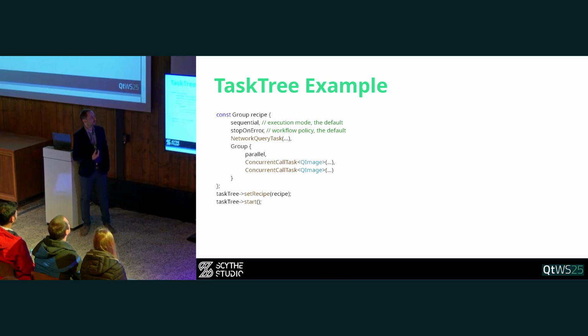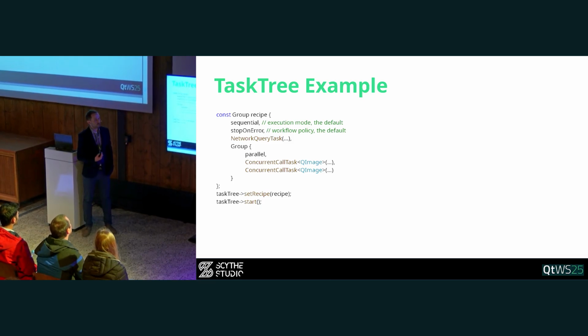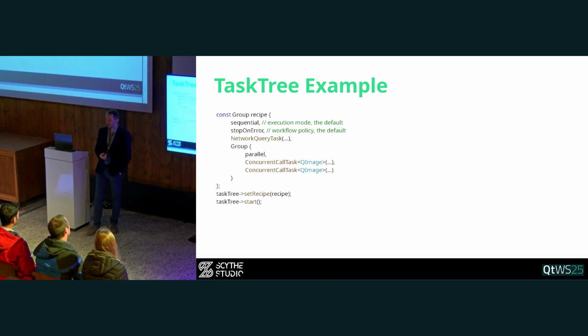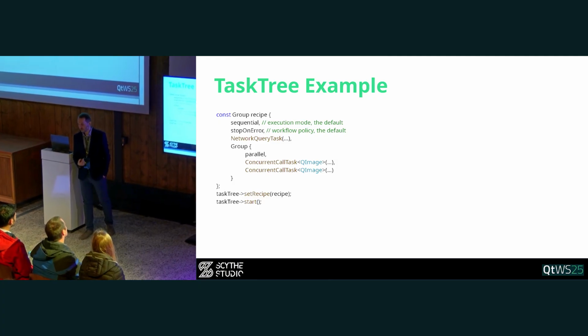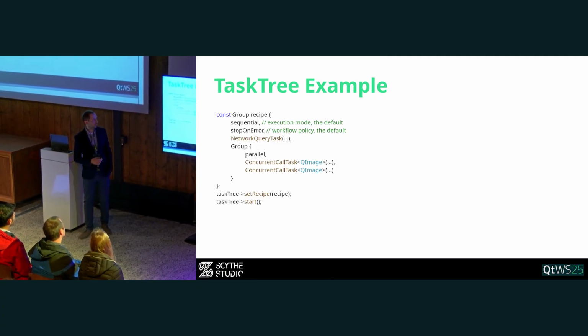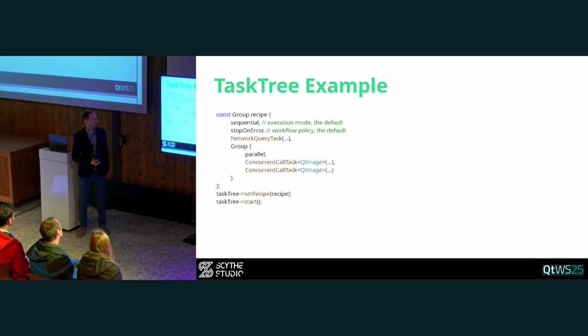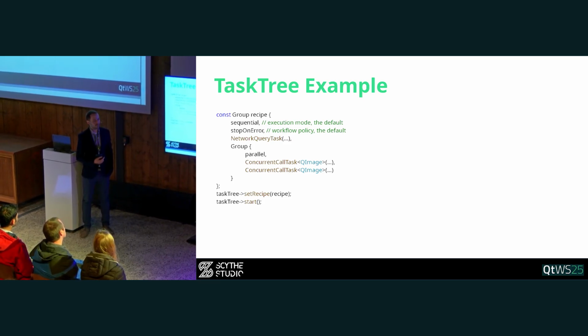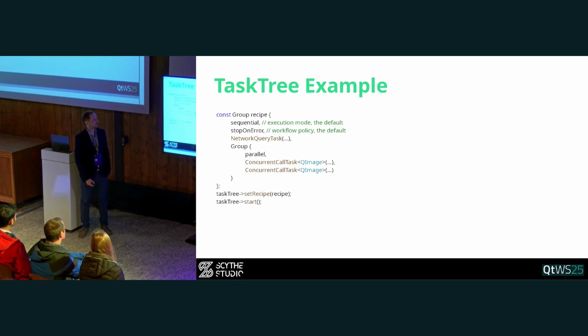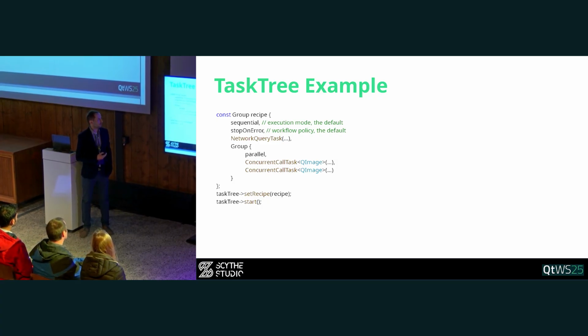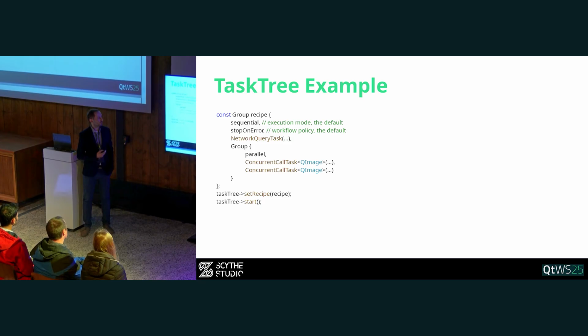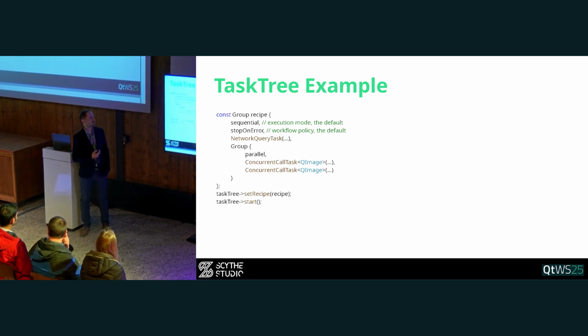After that, we specify the second task, which actually is a group, because Task Tree supports nested tasks, and you can actually have another group and specify different policies for each group. In this example, we have a child group, and this group uses the parallel execution mode.